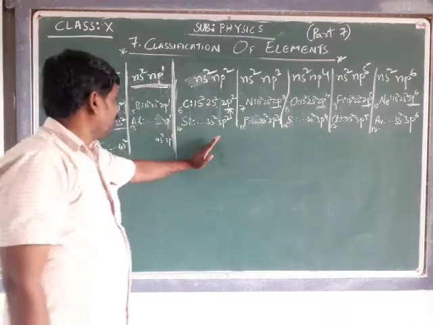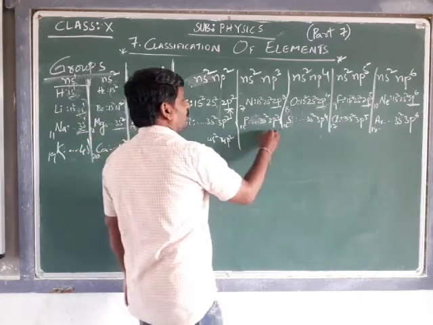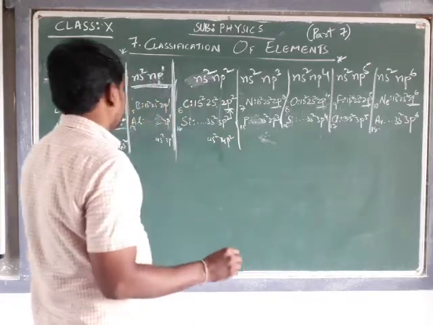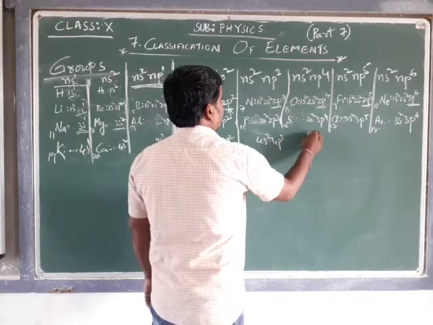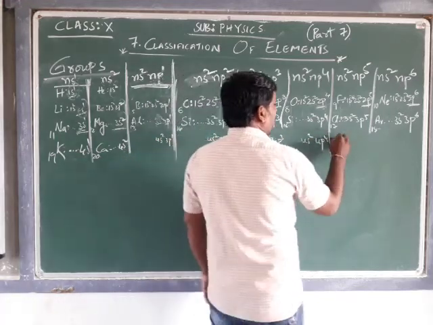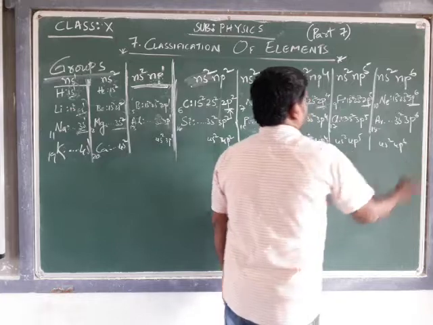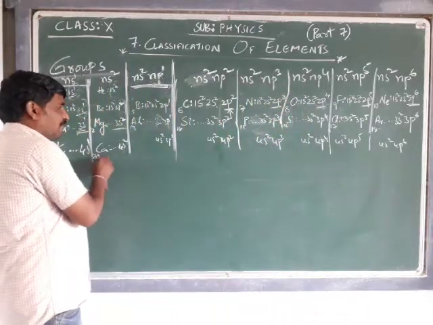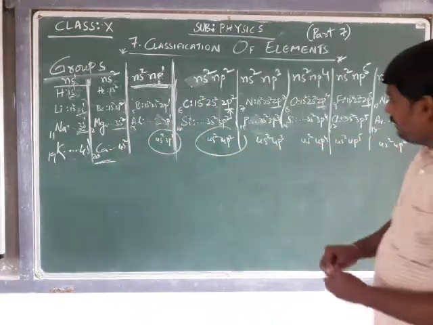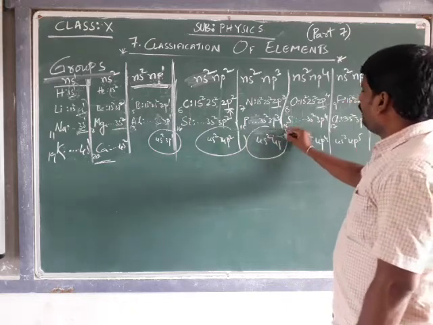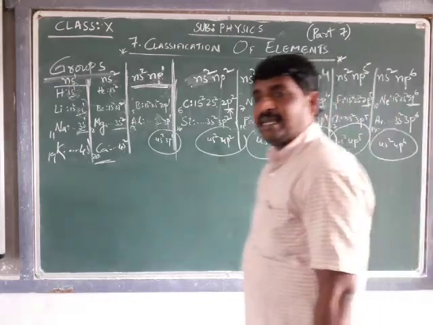Again 4s2, 4p2 should come here, and 4s2, 4p3 should come here, again 4s2, 4p4, and 4s2, 4p5, and 4s2, 4p6 should come here. That is the expected element to come.